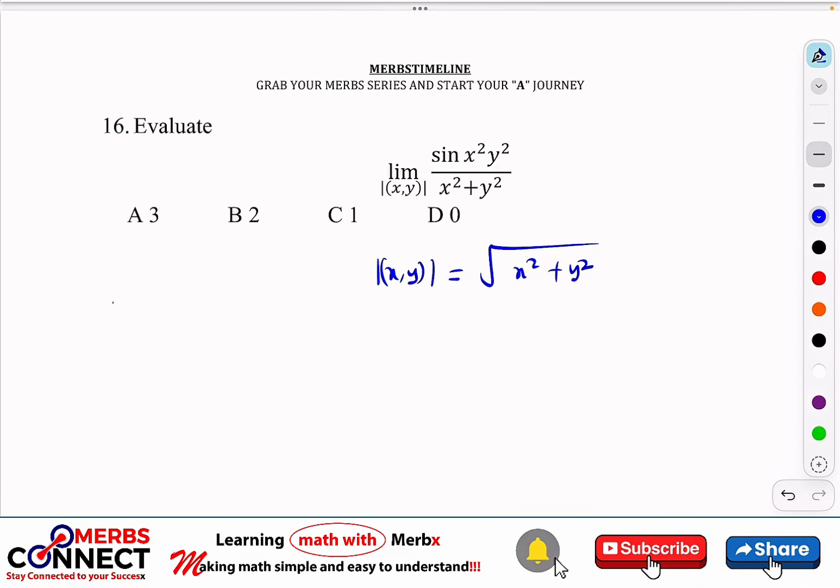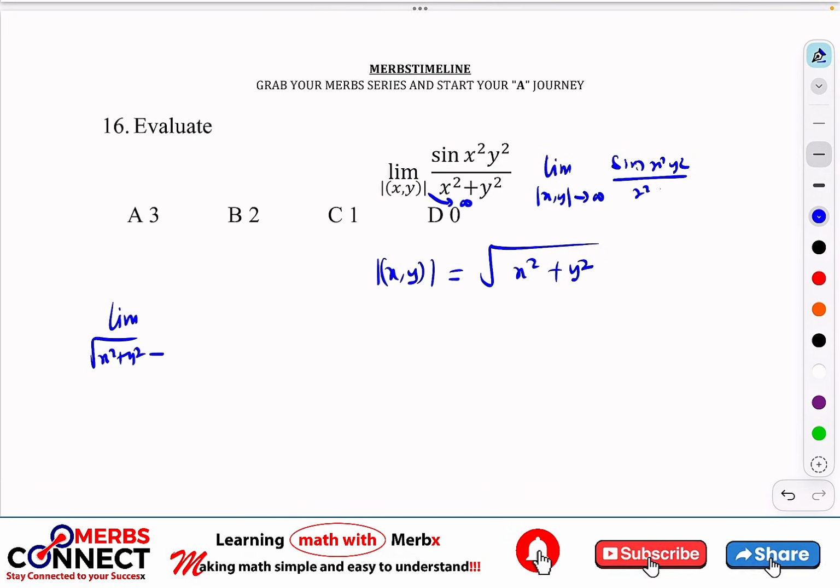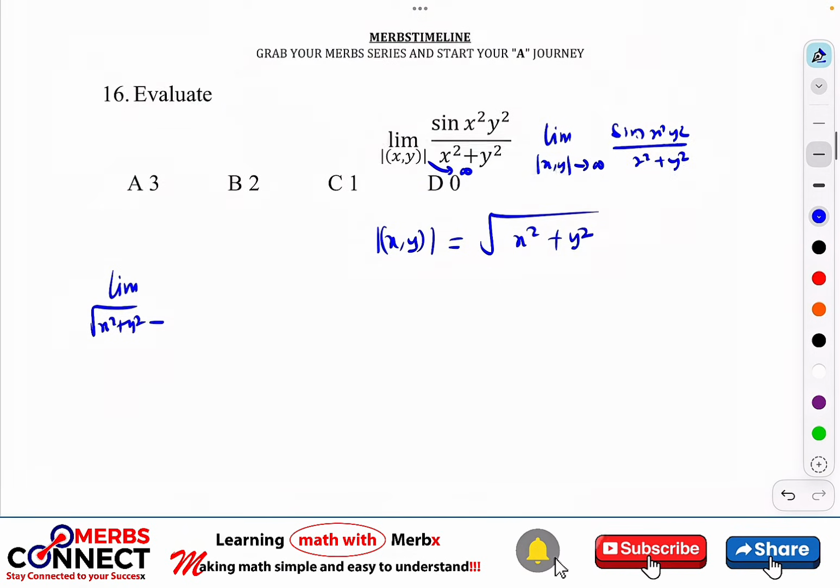So the question that is given is the limit as the square root of x squared plus y squared is approaching infinity of sine of x squared y squared divided by x squared plus y squared.